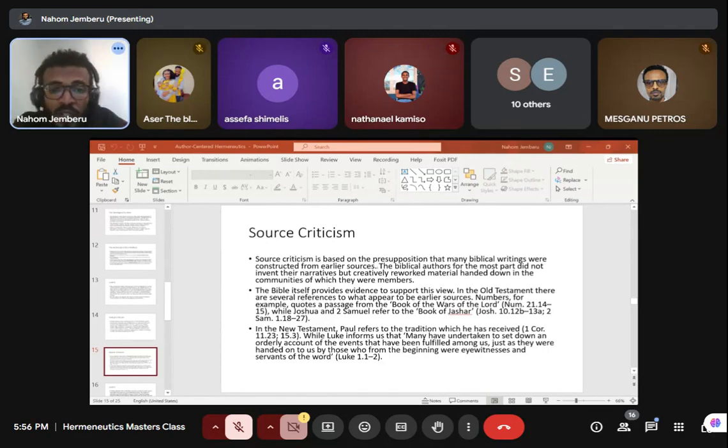For example, in the Old Testament, the writers give us names of books that we are not familiar with, and they in a way refer us to those books. For example, after telling us the battles of a certain king, they tell us that the rest is to be found in the book of the wars of the Lord, or in the book of Jasher.